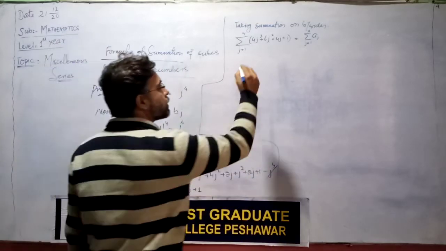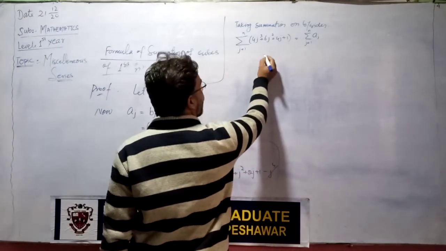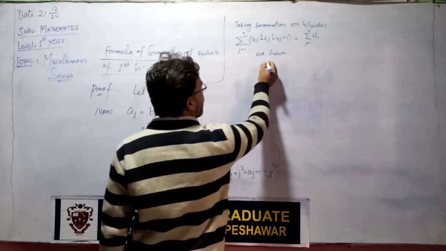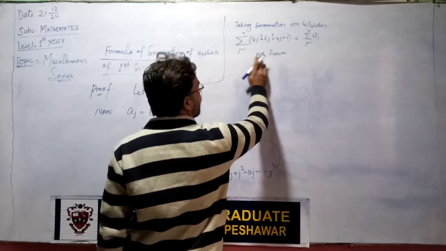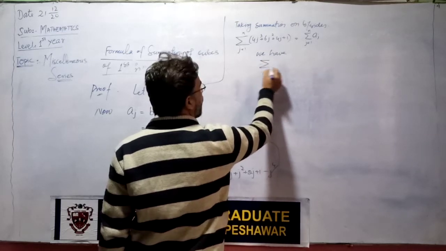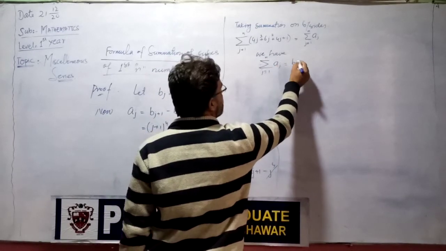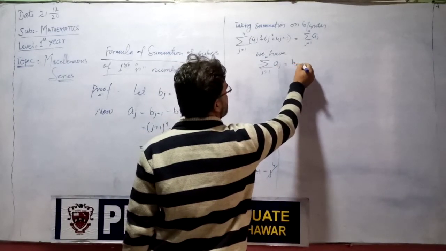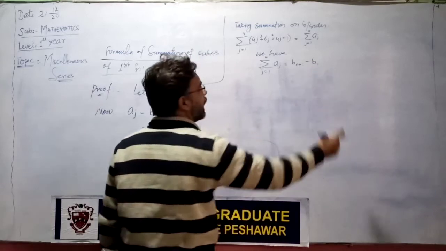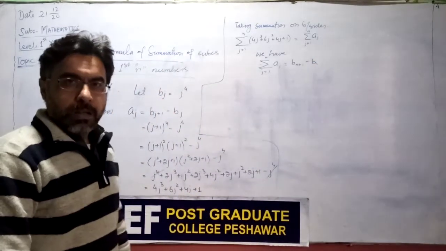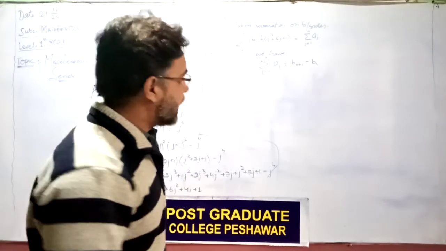Now dear students, you know that the summation for j from 1 to n of Aj was actually Bn+1 - B1 in the previous example, and we developed this at the start of the previous lecture.